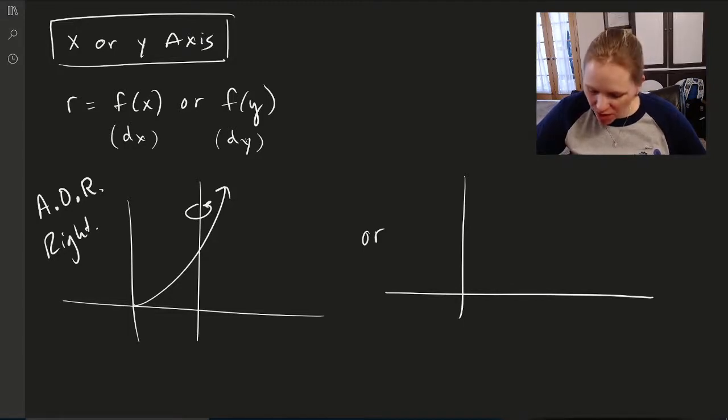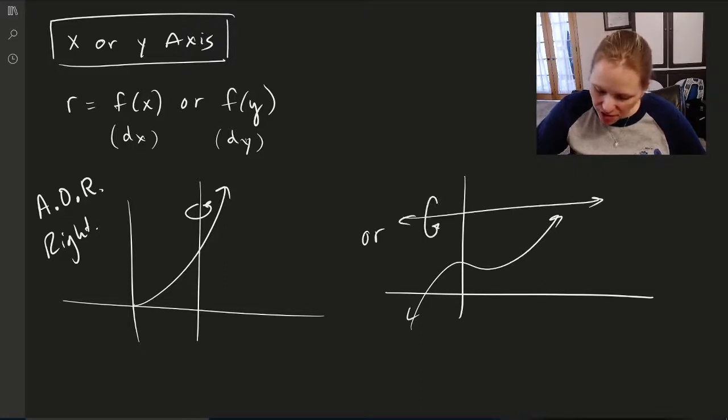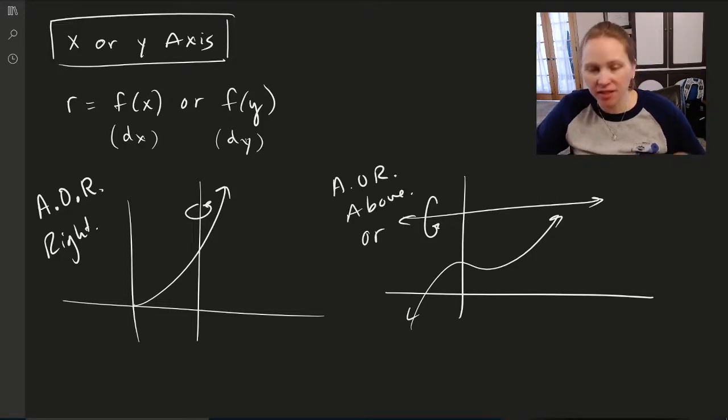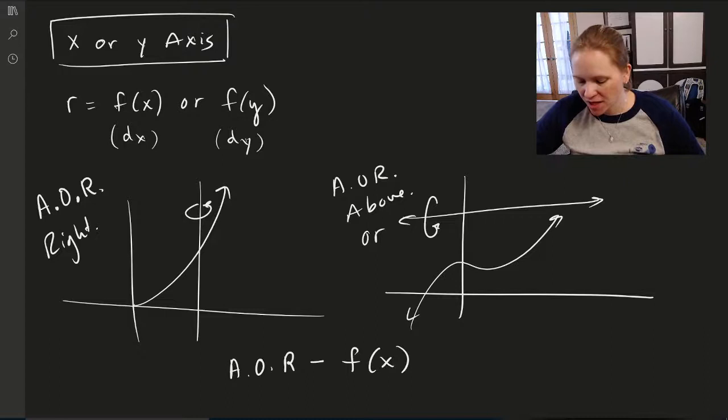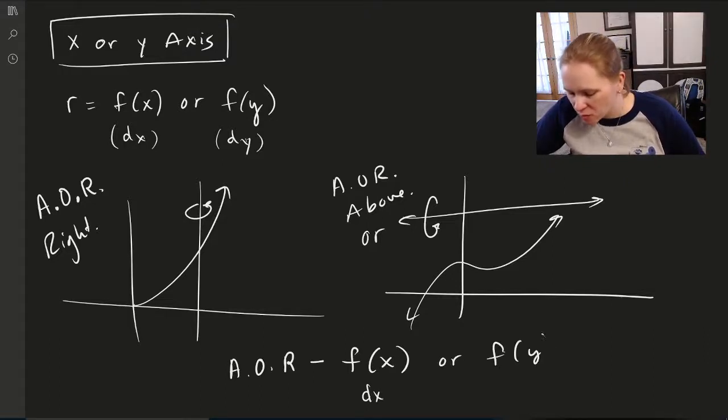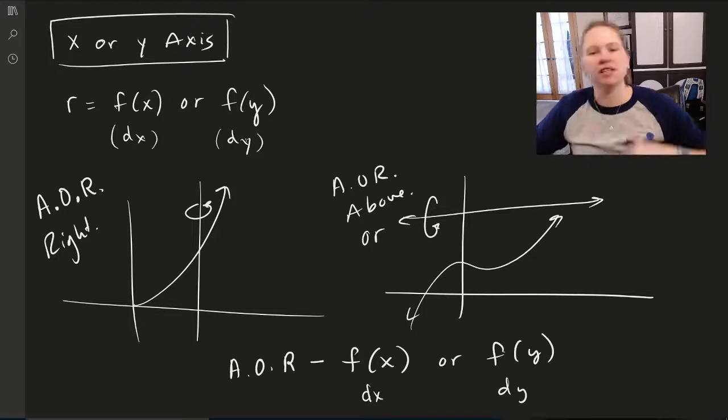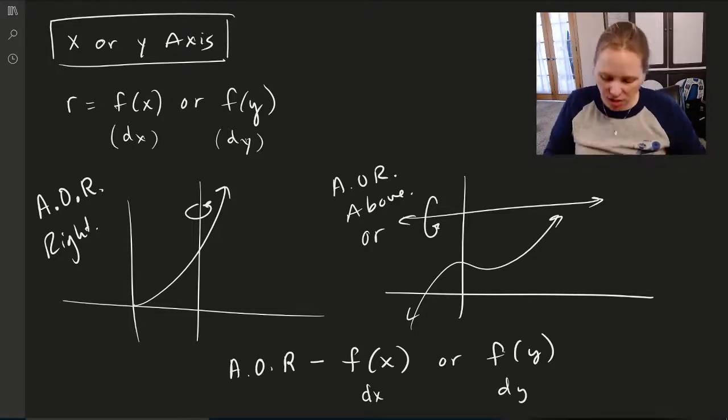So suppose we have some function where we're revolving above. If our axis of revolution is above, well, then it's going to be basically the axis of revolution minus the function. If it's f of x, if it's in dx setup, or f of y if it's dy. So you had to take the axis and take away the function to get that length.